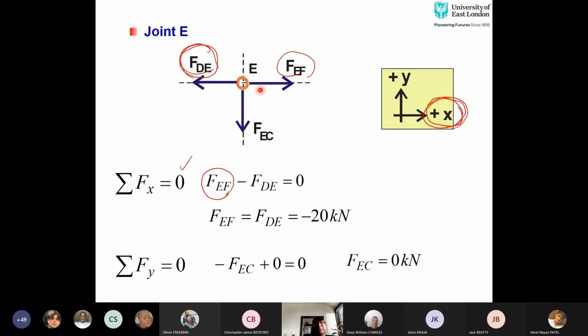So summation of Fy. Now here you can see that there is no vertical force applied except FEC. Summation of vertical force is equal to 0. This is negative FEC because it is against the direction of the positive y-axis. FEC is 0 kilonewton. It means that it is not taking any load at all.